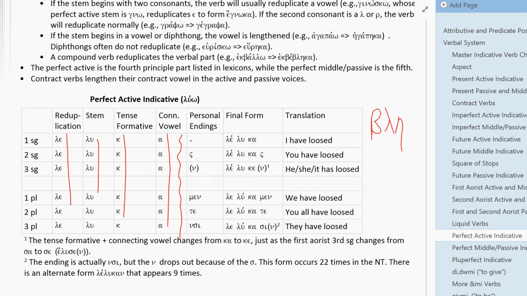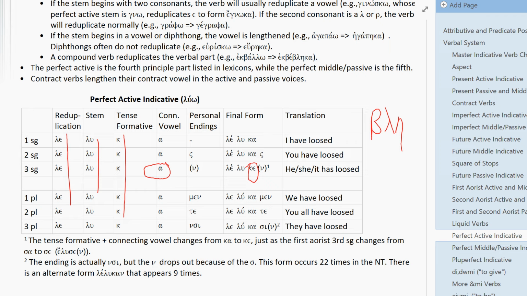Now, you're going to have one different thing going on here. Or two different things, rather. Notice that the third person singular has an alpha connecting vowel, but in the final form, that changes to epsilon. That's the same thing that happens with the first aorist active indicative. You have elusa, elusas, eluse, or elusen.